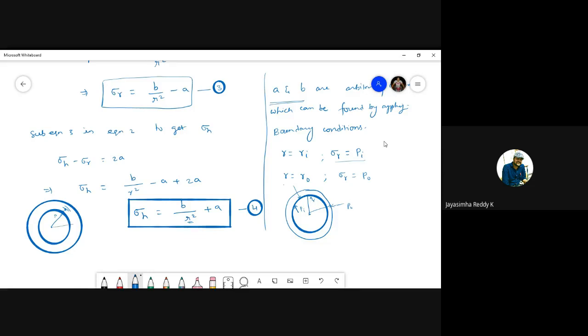At whichever portion you want, you can find sigma r and sigma h based on these two formulas, and you have to find the A and B values by using these boundary conditions. So this R is nothing but the variation across the thickness. Wherever you consider a point, that length from the center we take as R. Any doubts here, students?